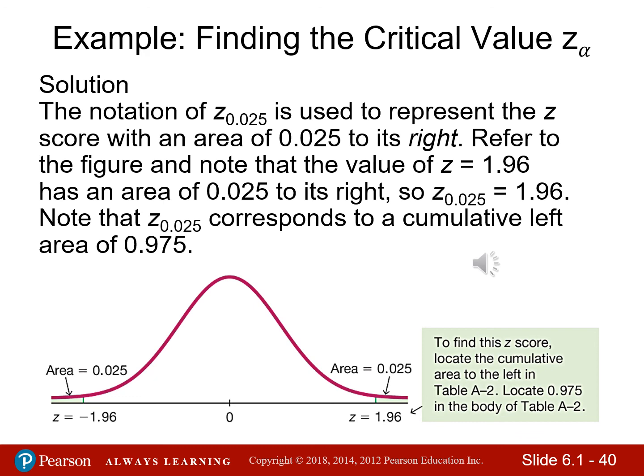So refer to the graph below and note that the value of z equals 1.96 has an area of 0.025 to its right. So we can say that z subscript 0.025 is equal to 1.96.